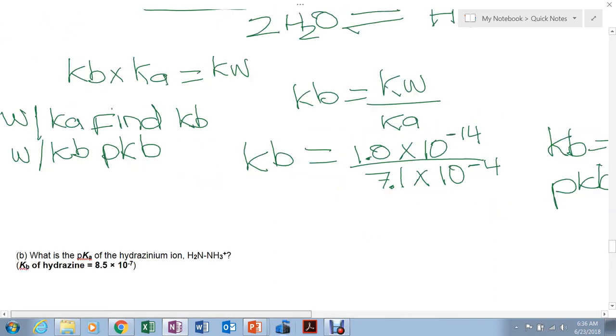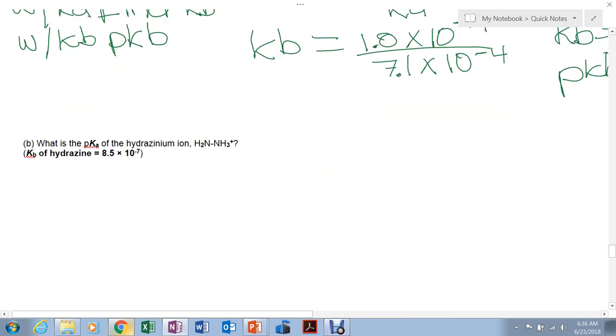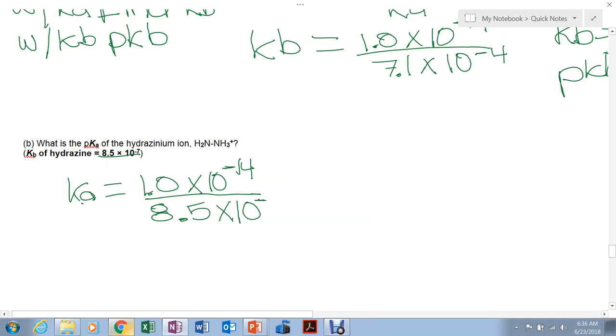Then the part B would be kind of the same thing, but the opposite. Okay, they give you the Kb, right? So you have to find the Ka because they're asking for pKa. So Ka first would be the Kw, same thing, divided by 8.5, which is the Kb, by 10 to the negative 5.